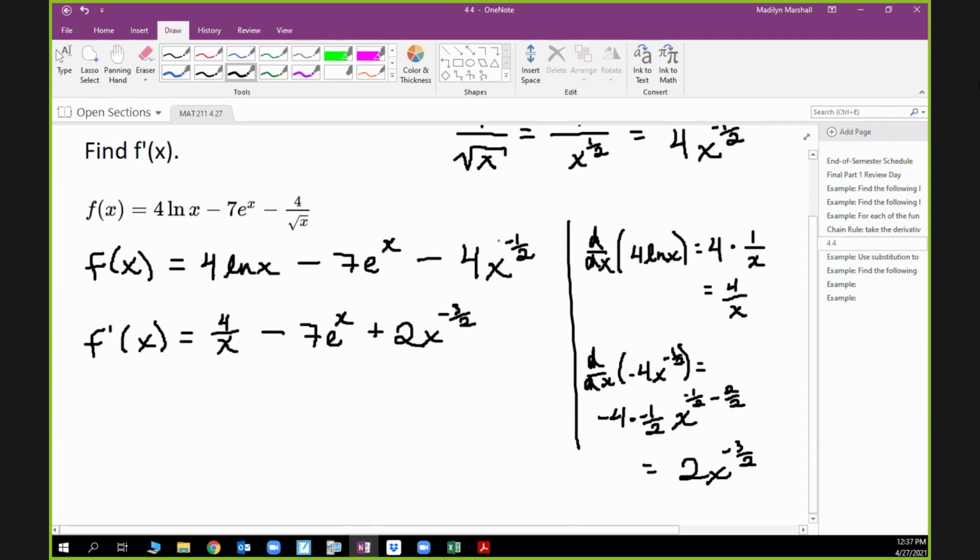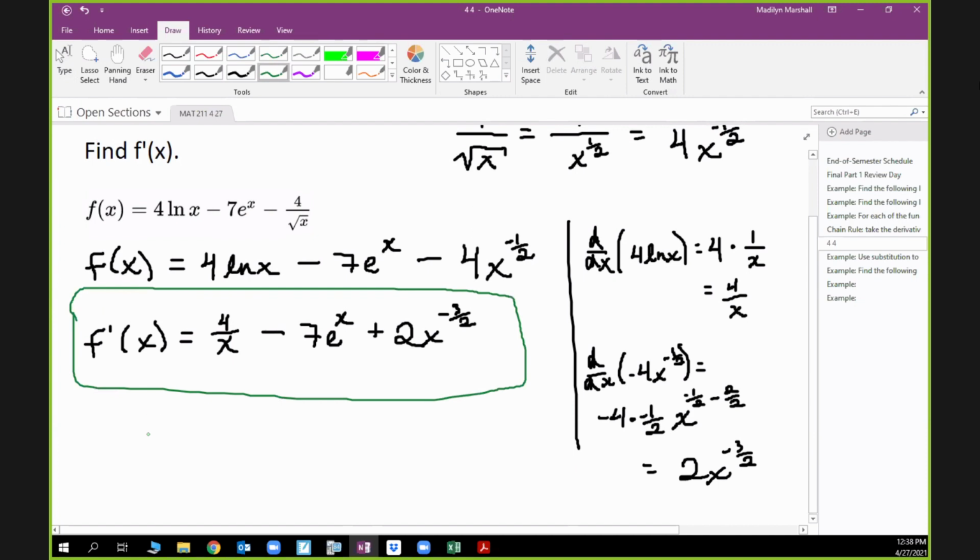It's also super easy to go the wrong way with these exponents. Subtracting 1, sometimes people accidentally add 1. So it's good to just be extra careful there. So this is an acceptable answer. If you just leave the x to the negative 3/2 like that, that's fine.